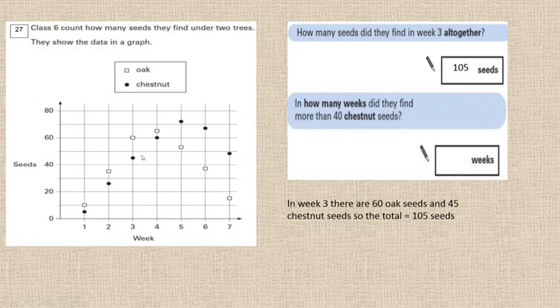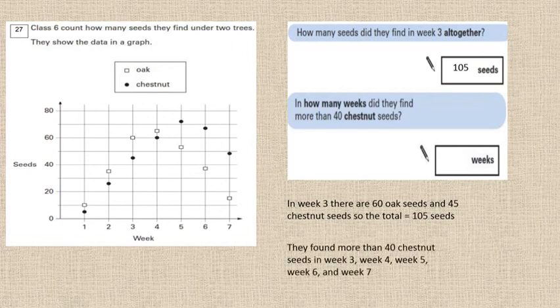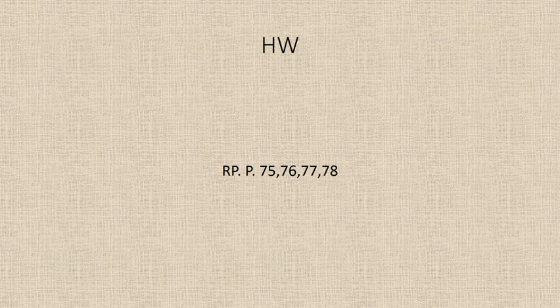It's in week 3, it's 45, and in week 4 it was 60, and in week 5 it was around 72 seeds, and in week 6 it was about 78 seeds, and in week 7 it was about 70 seeds. So in week 3, week 4, week 5, week 6, and week 7, they are exceeding the 40 chestnut seeds. So how many weeks? So it's 5 weeks. So this is the end of this session.